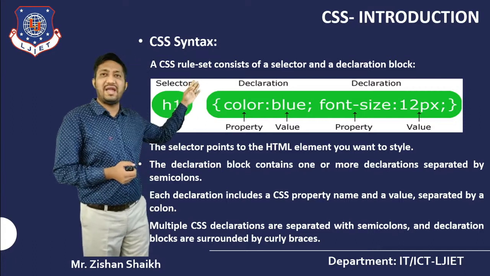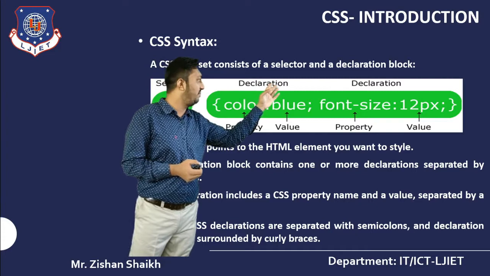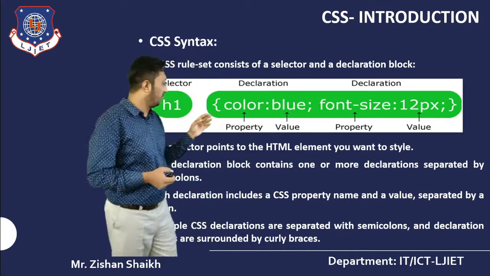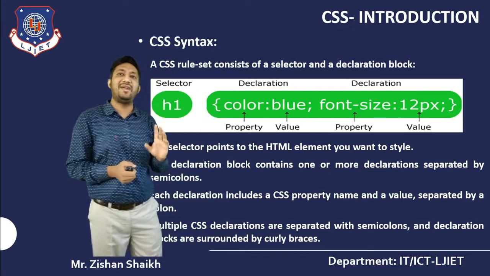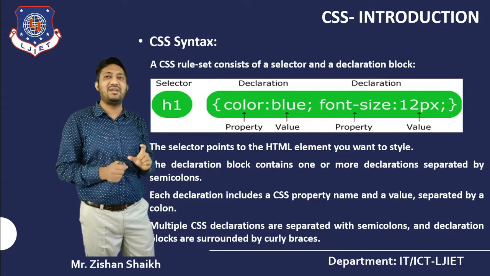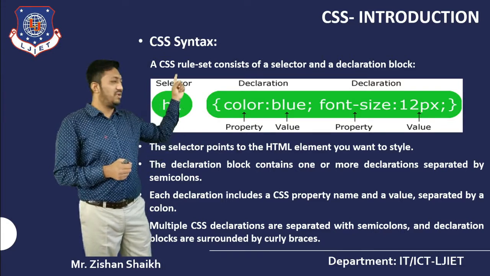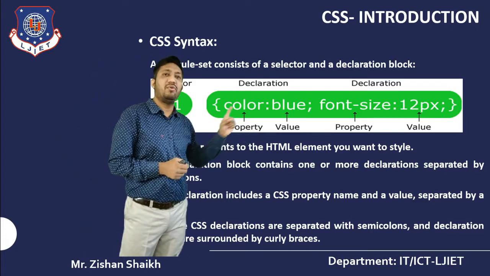There will be one selector. Then we have the declaration portion, and we can use multiple declarations with the help of property and value. When we are talking about CSS syntax, we have to remember three basic things: first, selector, second, property, and third, value.